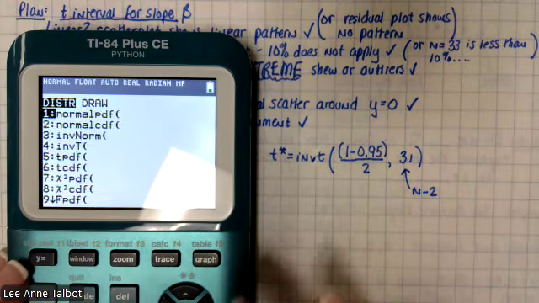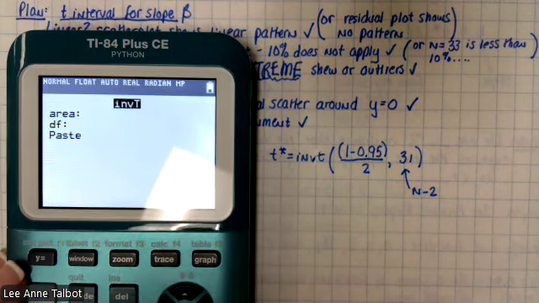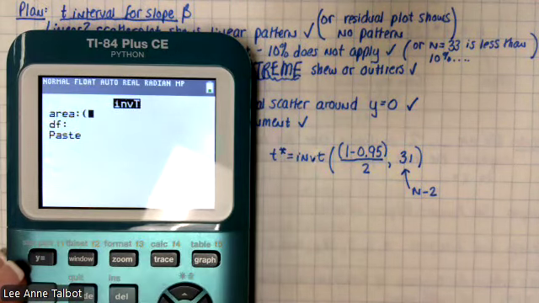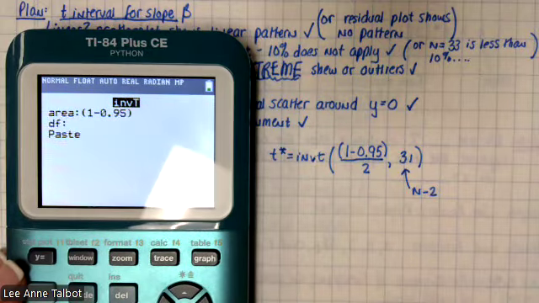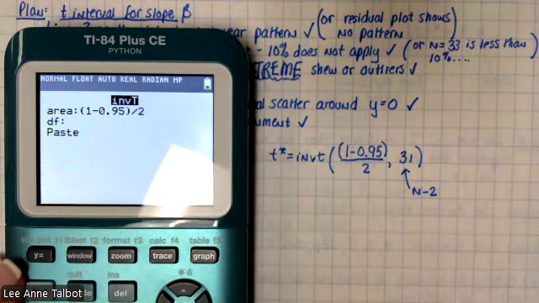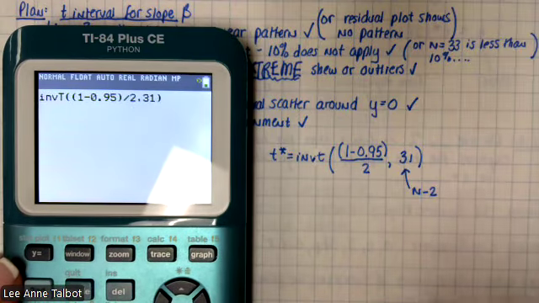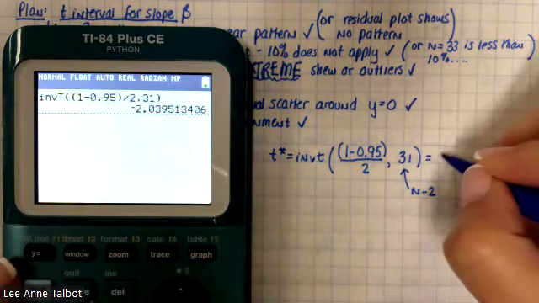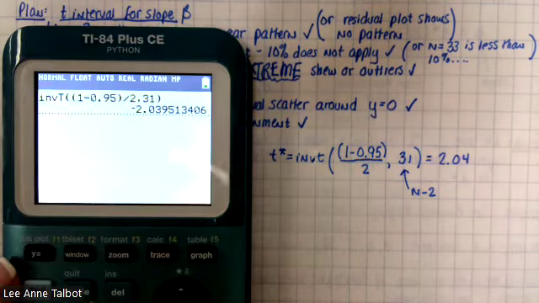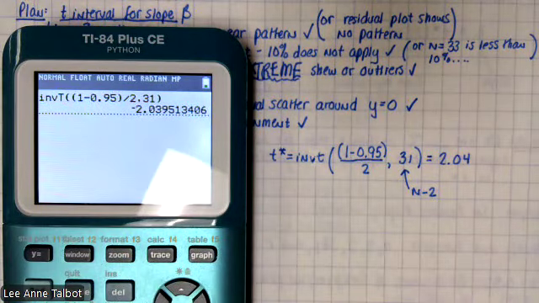Second vars, inverse t, parenthesis 1 minus 0.95, parenthesis, divided by 2, 31. Always positive 2.04.